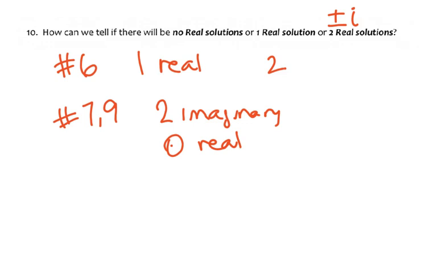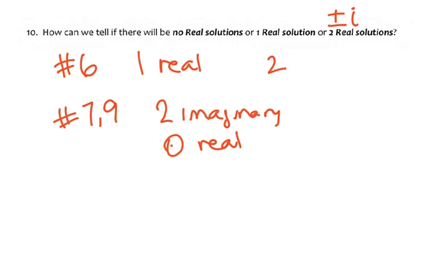You cannot have just one. You can have one real because it can be multiplicity of 2, but if you have 2 imaginary, you have no real. So I kind of jokingly say that imaginary numbers are like missionaries. They always travel in pairs. You cannot have just one.